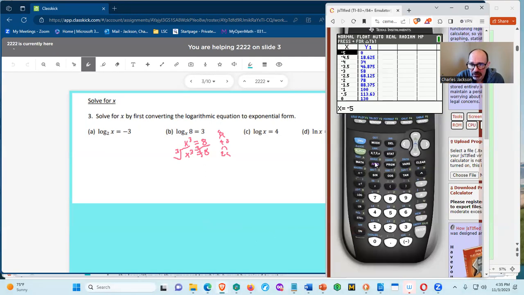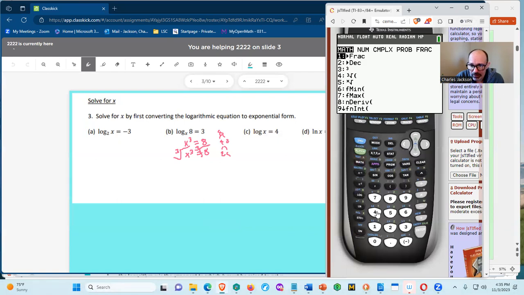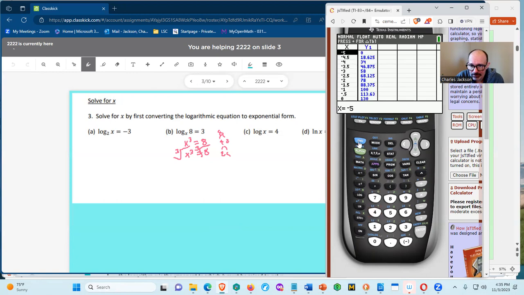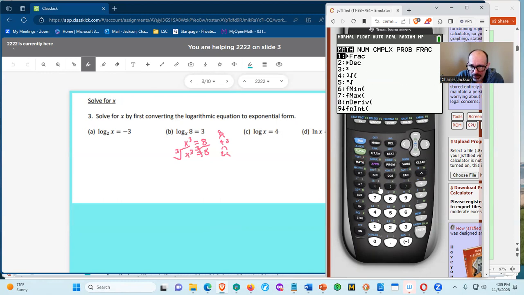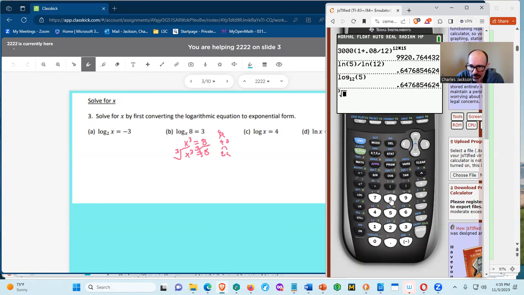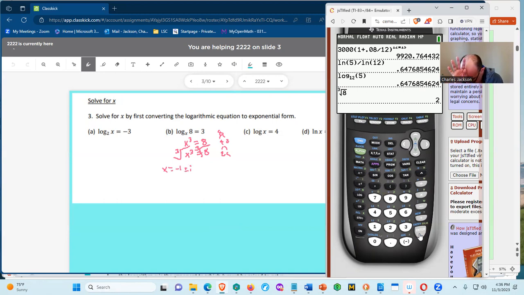Is that right? I mean, there are two non-real roots of 8. Yeah, that's what I got. That's what I thought it was.